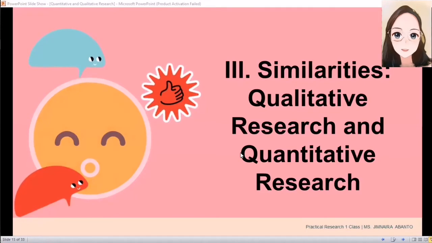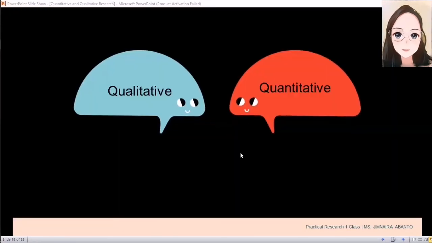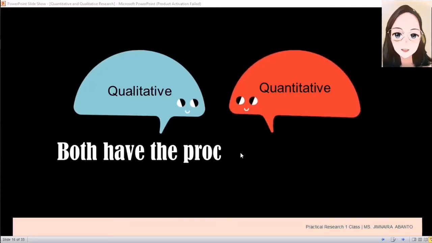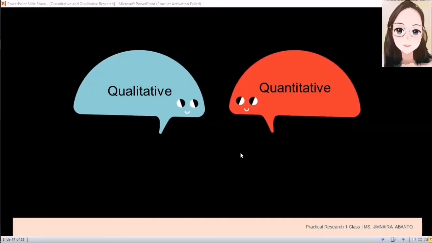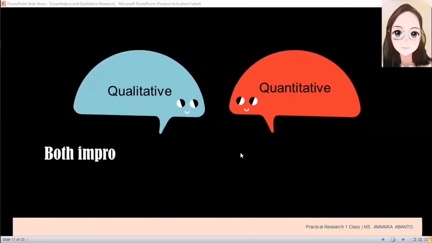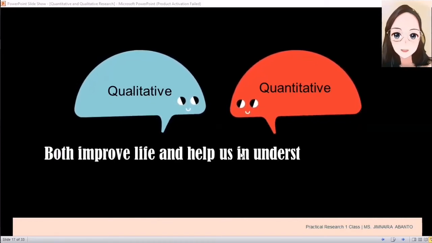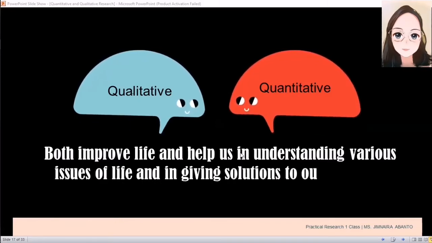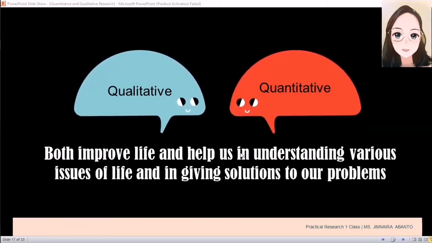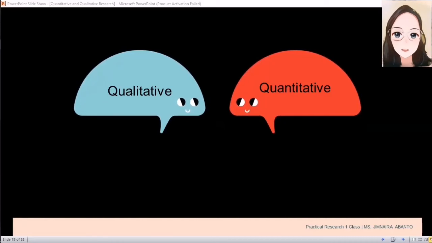Next, similarities of qualitative research and quantitative research. Number 1, qualitative research and quantitative research both have the process of inquiry and investigation. Next, qualitative and quantitative research both improve life and help us in understanding various issues of life and giving solution to our problems.